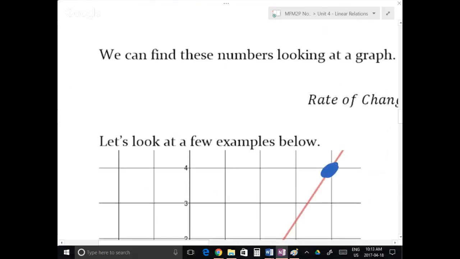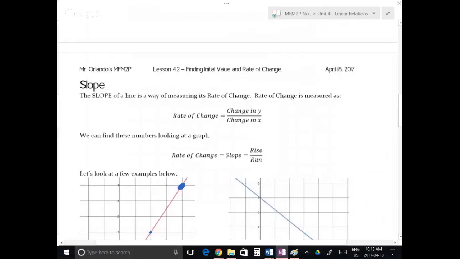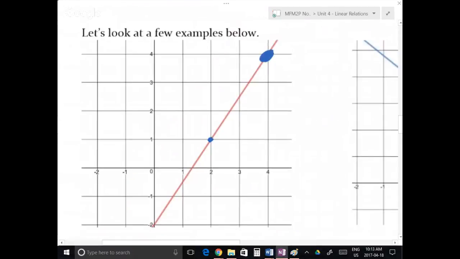Now, we said we have to measure how much the y changes. Does it go up and down or left and right? Is this one y and that one x? Oh, no, it's switched. So this one is the y, that one's the x. Good. So if we want to know what the change is up and down, how do we typically measure that?